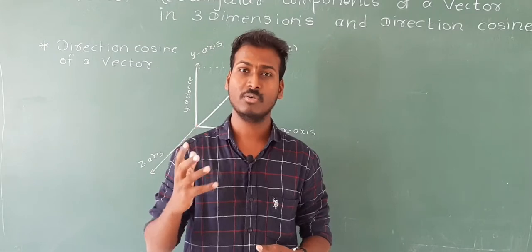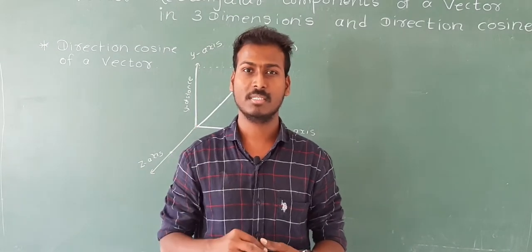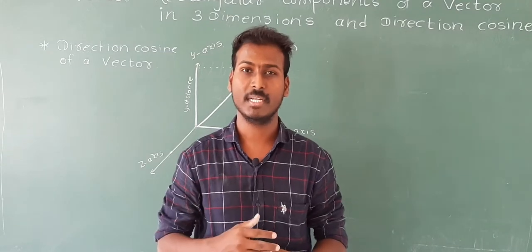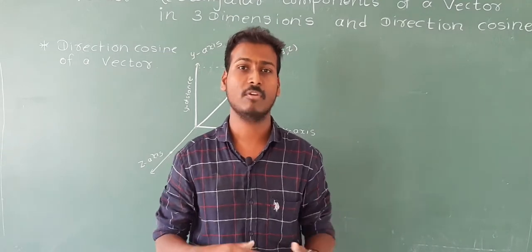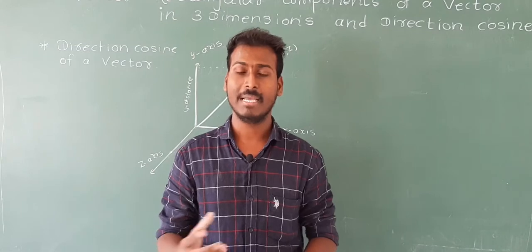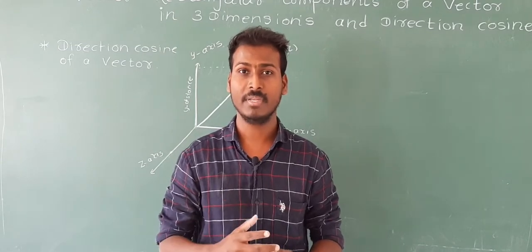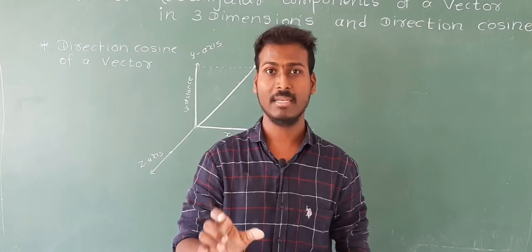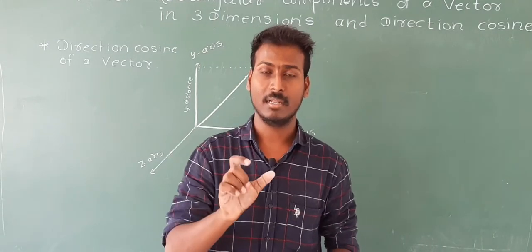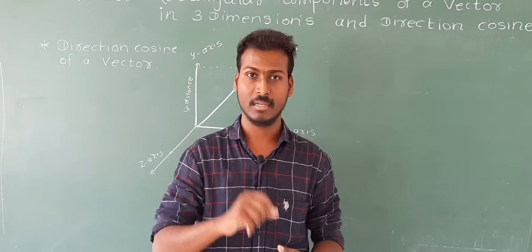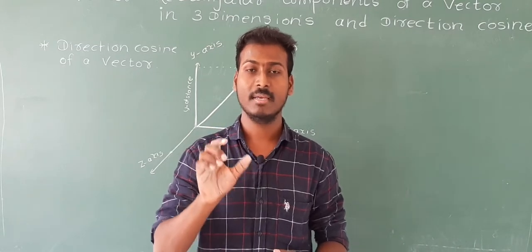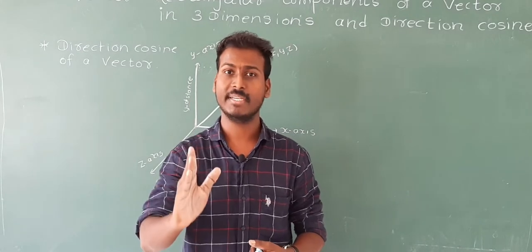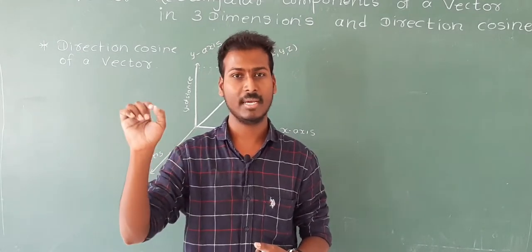So here also, direction cosine is just showing the direction of your vector from the x axis, from the y axis, from the z axis, by finding the angle between the given vector and the 3 coordinate axes. So direction cosine is nothing but the cosine of the angle between the vector and the 3 coordinate axes.